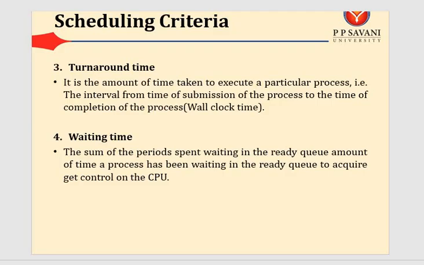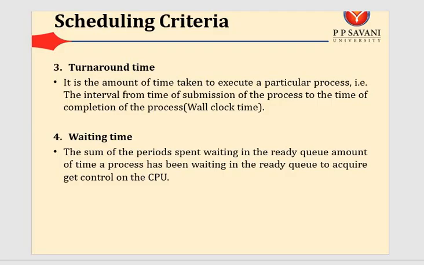Fourth one, that is the waiting time. The sum of the periods spent waiting in the ready queue. It is the amount of time a process has been waiting in the ready queue to get control of the CPU.